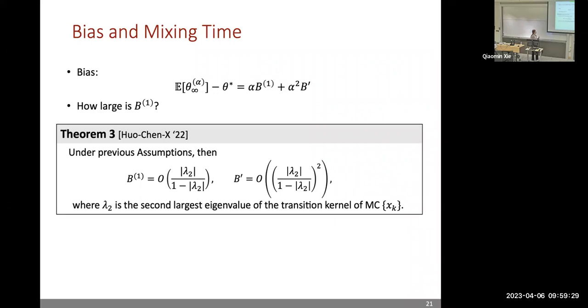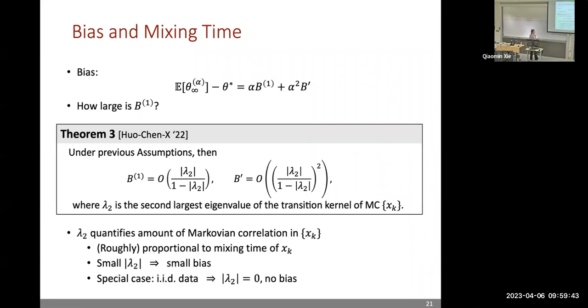Here, lambda 2 is the second largest eigenvalue of the transition kernel of the Markov chain S_k that generates the data. And one nice thing about this lambda 2 is that it has a nice connection to the underlying mixing time of the Markov chain S_k.